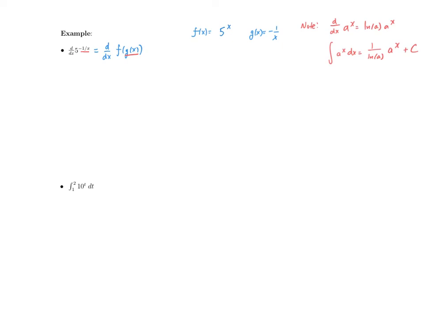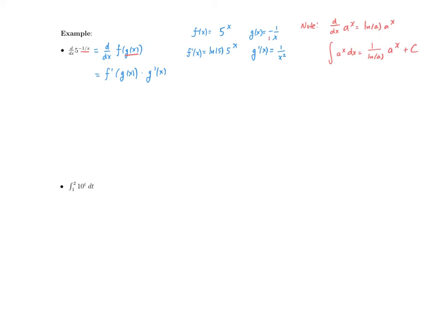And we can differentiate both of these. The derivative of the outside function would be the natural log of 5 times 5 to the x. And using the power rule, the derivative of minus x to the minus 1 would be a positive x to the minus 2, or stated differently, 1 over x squared. So the chain rule tells us we differentiate the outside, evaluate at the inside, multiply by the derivative of the inside.